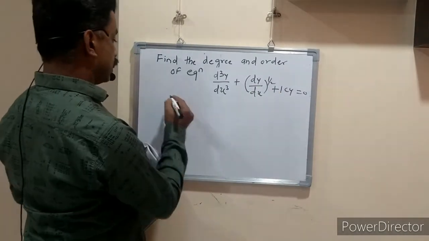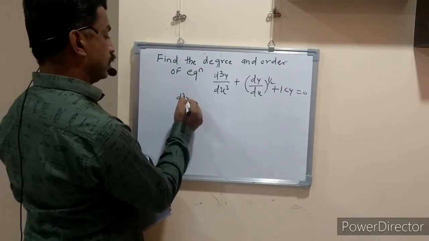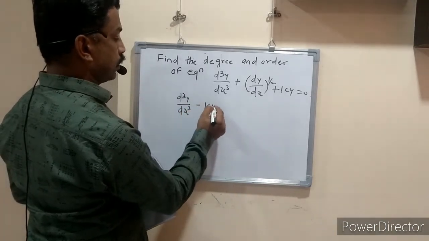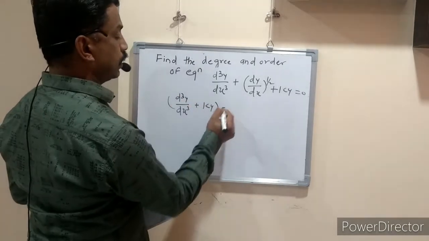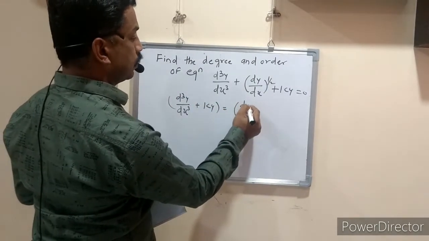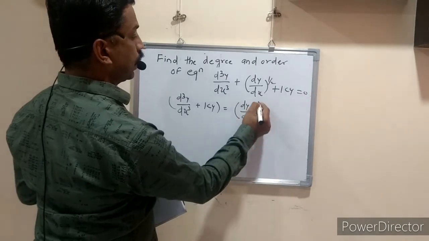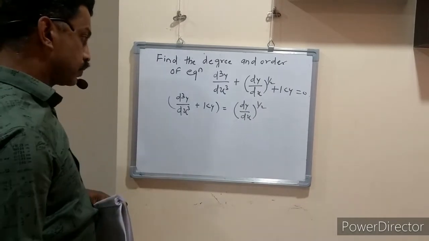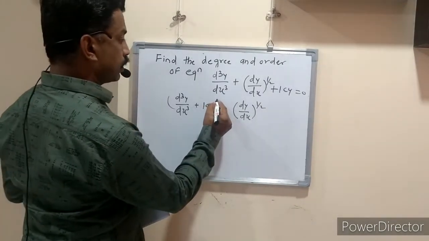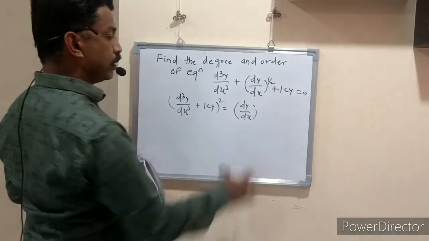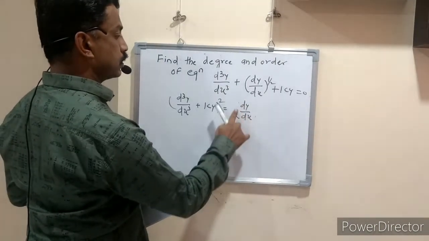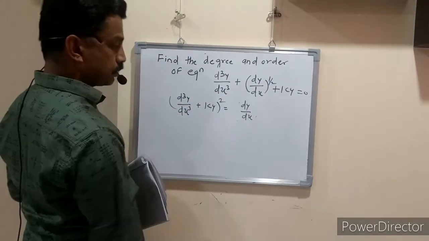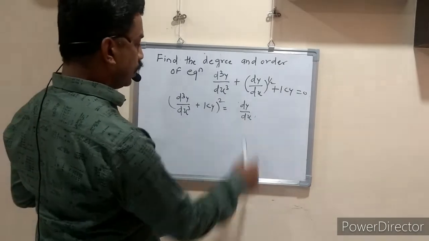Take this term to another side, so we say that d3y by dx cube plus ky equal to dy by dx bracket raised to half. Now taking square on both sides, the square root will be removed, and therefore you will get d3y by dx cube plus ky whole square equal to dy by dx.